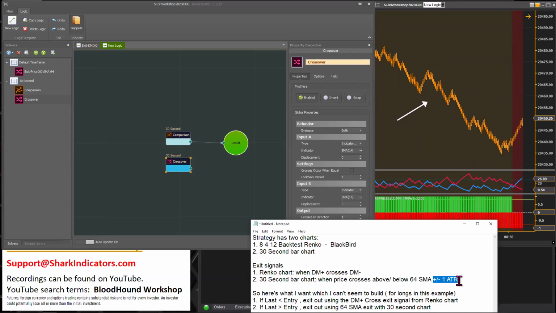So keep in mind that Bloodhound doesn't modify your indicators. If you need to add an offset to an indicator, the proper way to do that is to build it into the indicator.